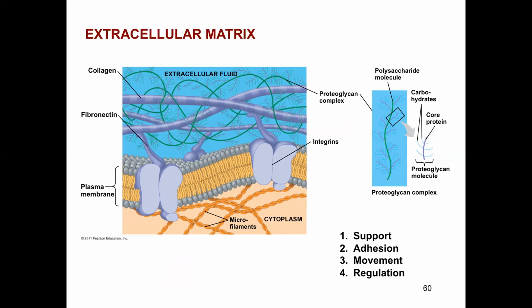That's another one, okay? And these are proteins that are covered with sugars, and they've got a protein core, sugars on the outside, all right? Really, really important. And what do we use them for? Well, support, adhesion, movement, and regulation, which sounds very trite once you really understand what they actually do. But at least know that, okay?